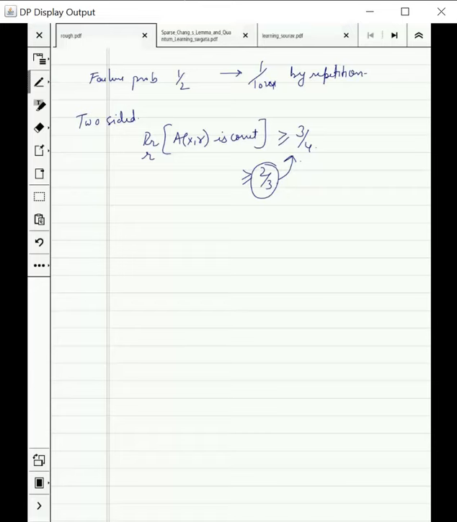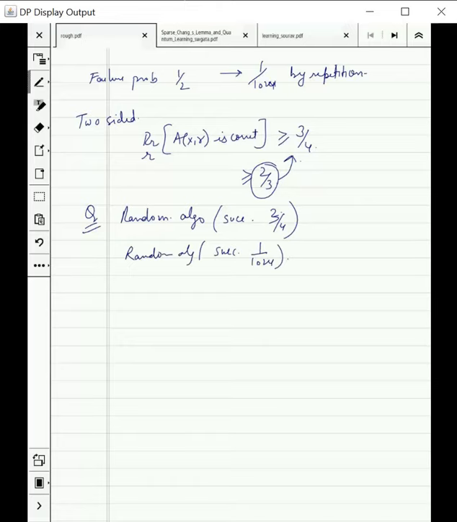And this is where we will use the tools we have learned before. Let me tell you the problem again. We have a randomized algorithm with two-sided error. Success probability is, let's say, 3 by 4, but we want a randomized algorithm whose success probability is much higher, let's say 1 minus 1 by 1024.